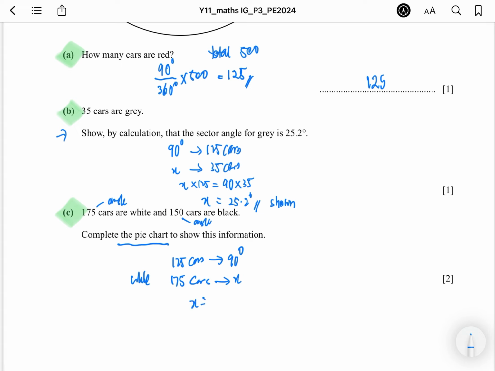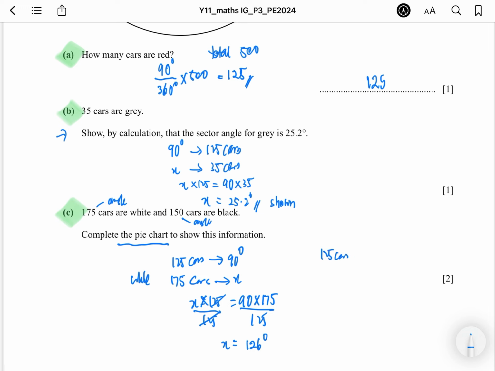So x times 125 equals to 90 times 175. Divide both sides by 125 and you get 90 times 175 divided by 125. You get, for white is 126 degrees.